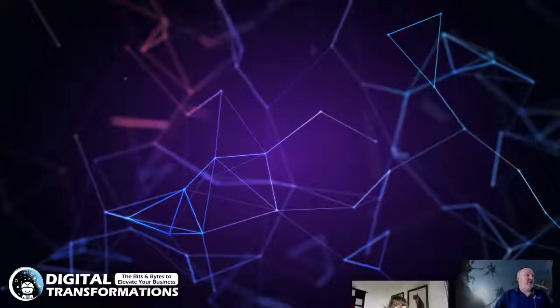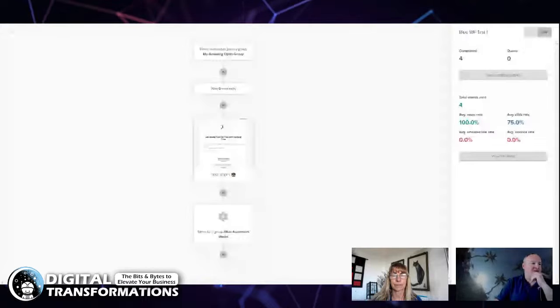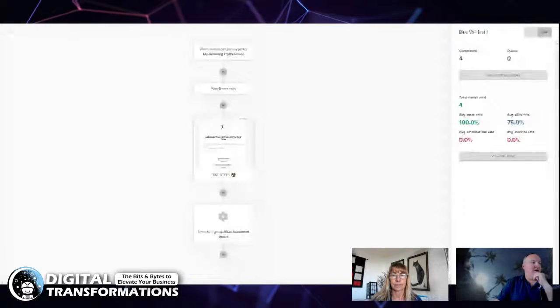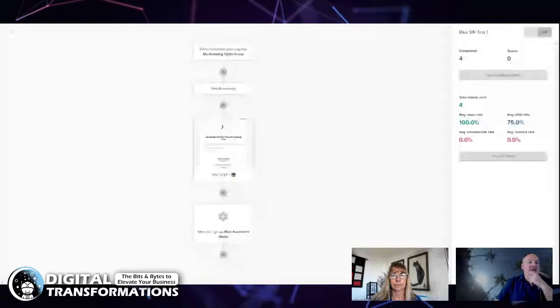Let me just show real quick, it might be fun, a little example of a welcome. This is just a fake one, of course. One of the things we've learned, and we're not going to get real detail in this, is this is one that we use called Mailer Lite, but this is a general automation sequence.